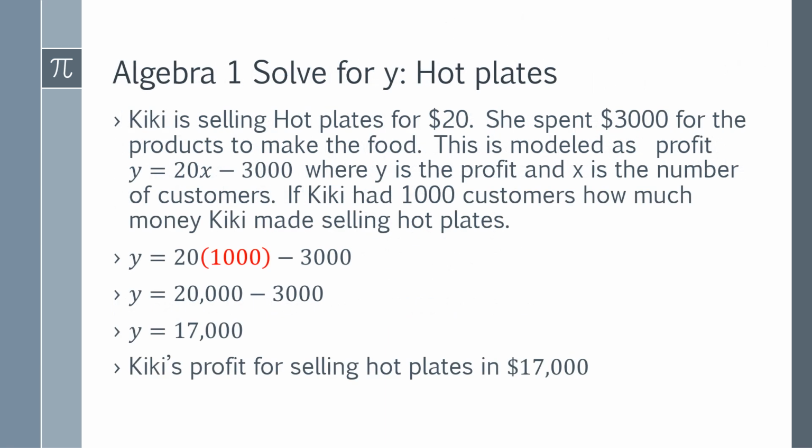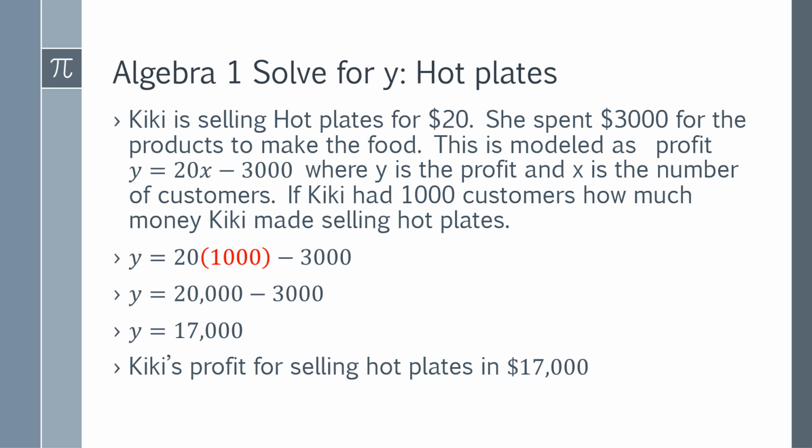All right, last. And now you're in your Algebra 1 situation. Let's talk about a person named Kiki. This is a made up situation, but today they were selling po' boys, and it works the same way. So Kiki's selling hot plates for $20.